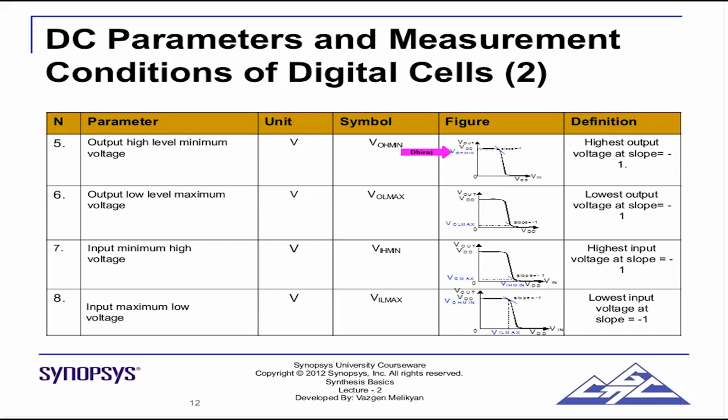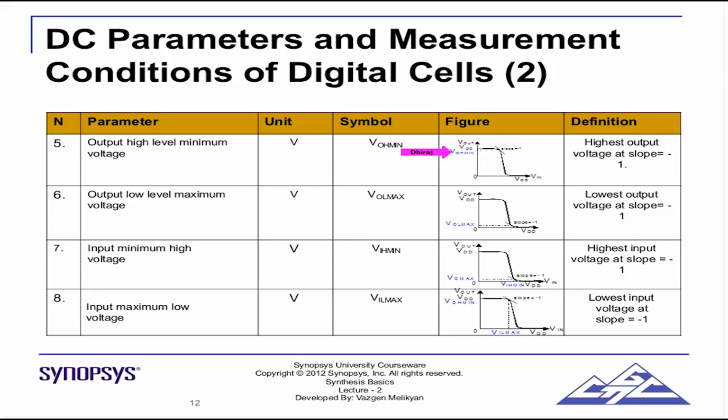So VOH min is the output. The concept is, what is the voltage value on the output, and the minimum value of voltage on the output when the output is high?